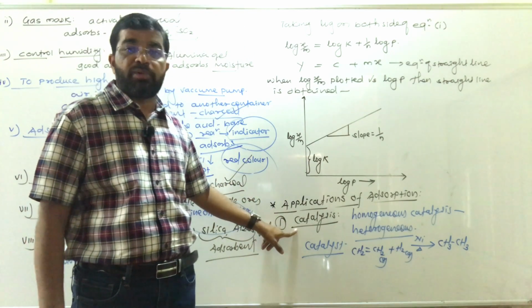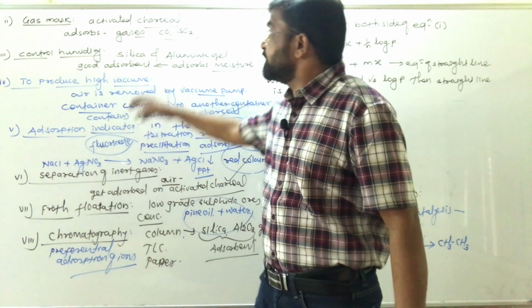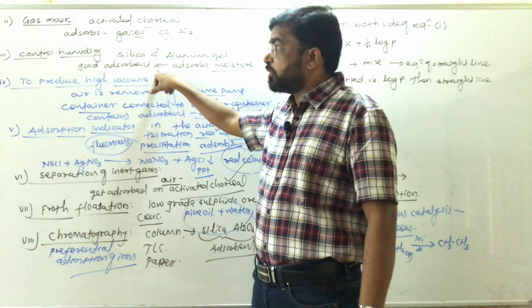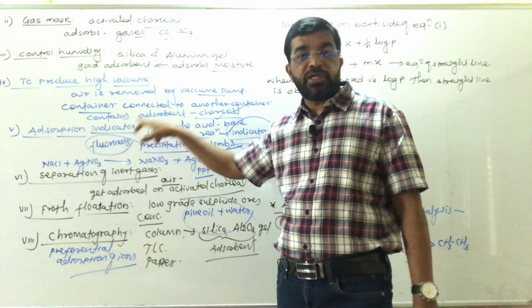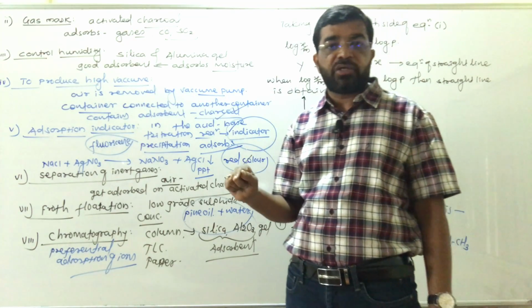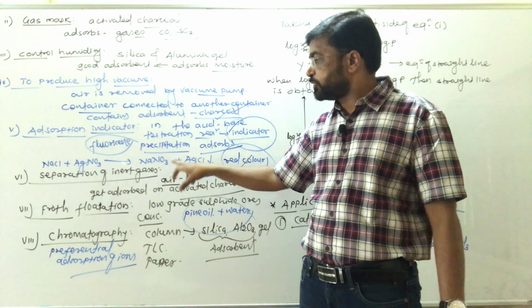So it finds application in catalysis, and it is also useful in gas masks, to control humidity, and to produce high vacuum. In adsorption indicators and precipitation titration, there is use of an indicator, and that phenomenon is based on adsorption.